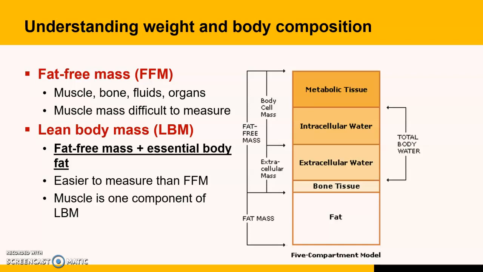Sebab apa? Sebab muscle bukanlah the only component of lean body mass. Body composition usually focus, kalau untuk atlet ni, kita akan fokus on the body fat dan juga muscle mass. Itu compartment tadi. Itu yang kita akan go through in this topic.